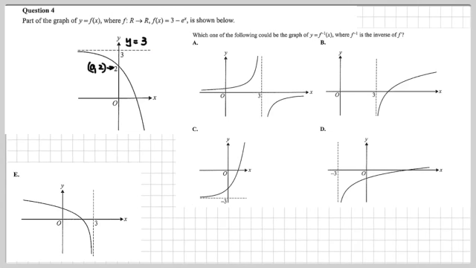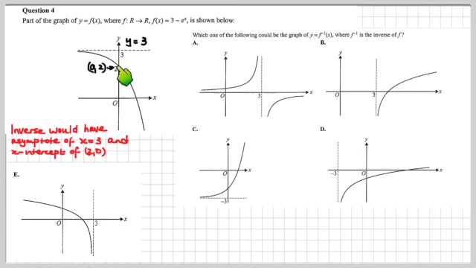So that would mean that for the inverse we've got an asymptote of x equals 3 instead of y equals 3. We'd also have an x-intercept of 2 and 0, and the only one that qualifies in that is E. Now, if you're quick off the mark, you could do that in less than 30 seconds, okay? So that's why you need a lot of practice to get good at these, alright?